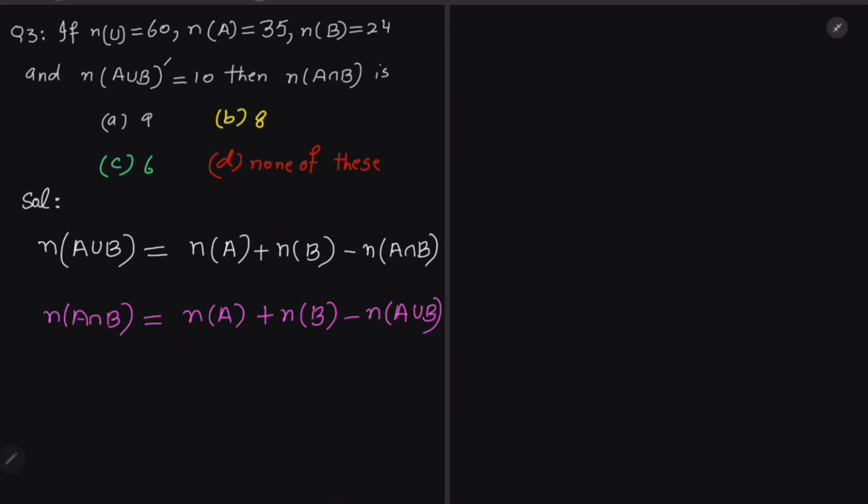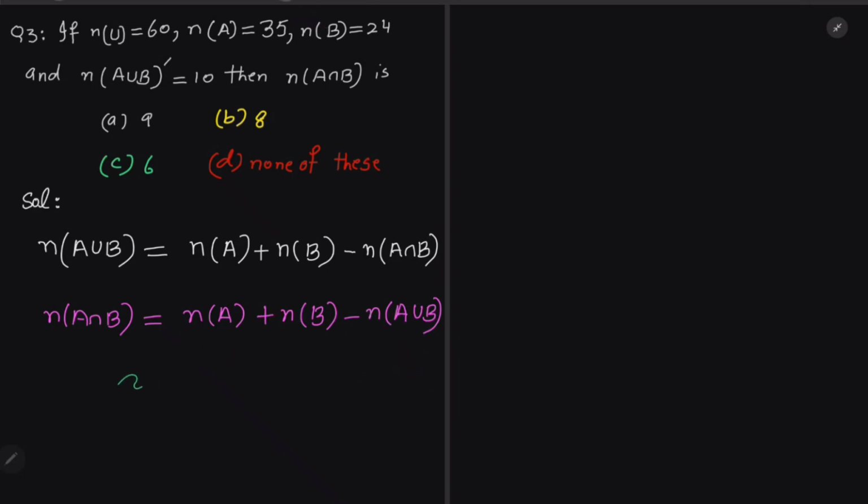That's what we have. But the problem is in this question, we are not given the value for A union B. Unfortunately, we are given the number of elements in (A union B) prime, which is not equal to A union B. So first of all, we find this value. When we can find this value, then we can put it over here.